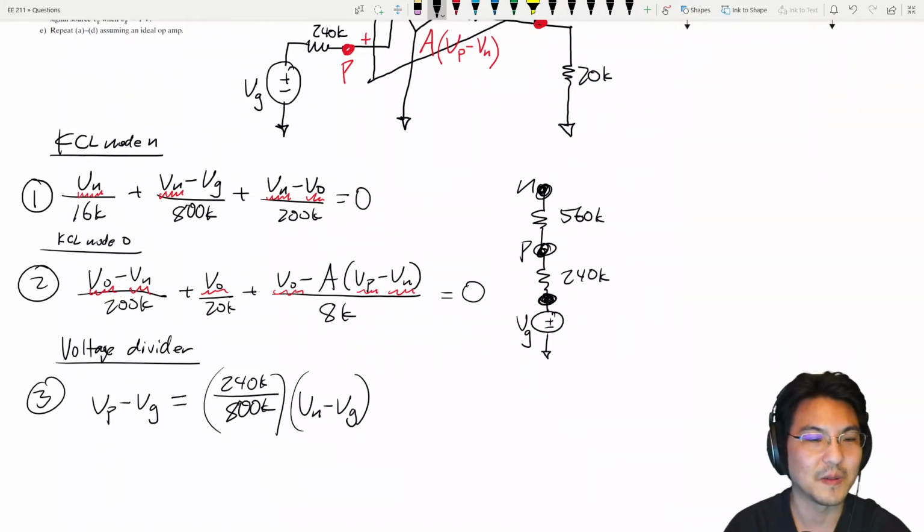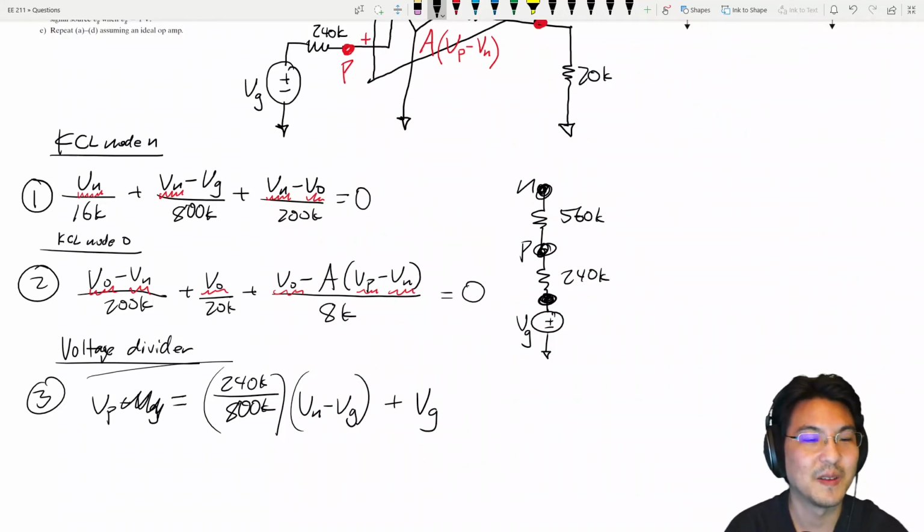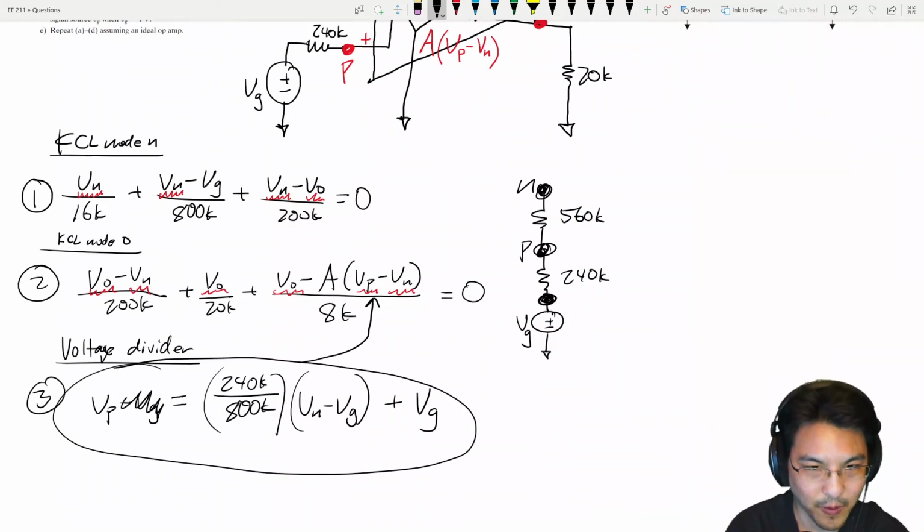Okay, so if we just move this on that side, then we have an expression for Vp. Can I just do that? Like that, right? So now we have an expression for Vp, which this can go right there.